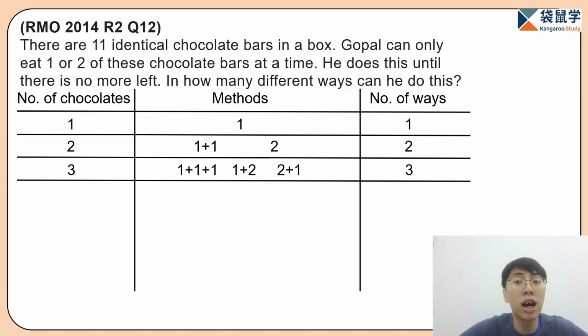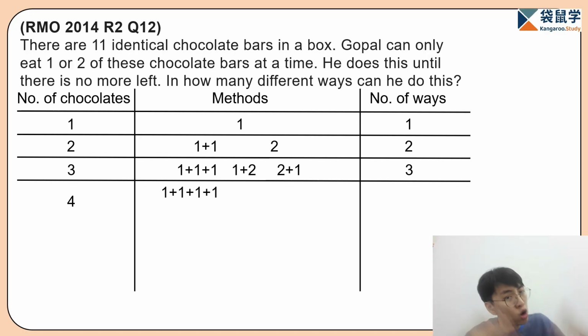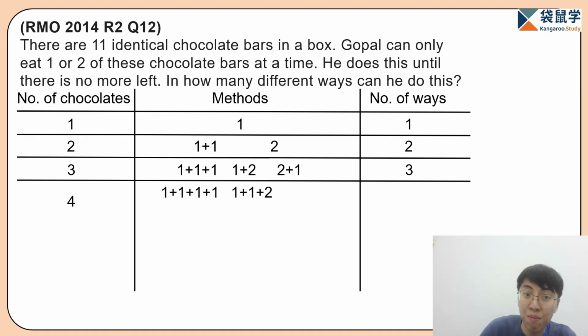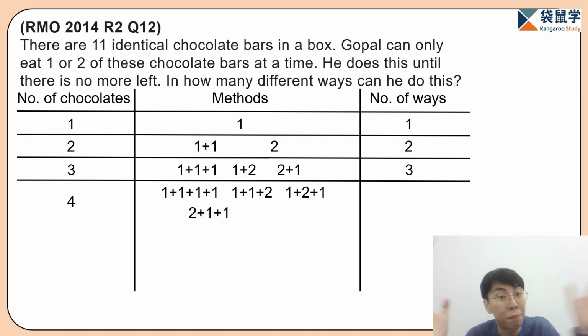Now the question becomes harder. If it is 4 chocolates now, what do we need to do then? Everybody, you can pause the video and think about how many different methods there are for him to do this. Alright, time's up. We are back. Of course, you can choose to eat all of them as one, or you can choose to split it out: 1 plus 1 plus 2, 1 plus 2 plus 1, or 2 plus 1 plus 1.